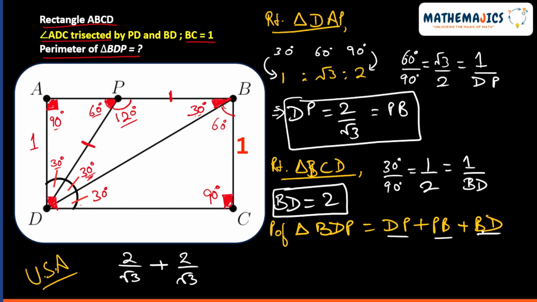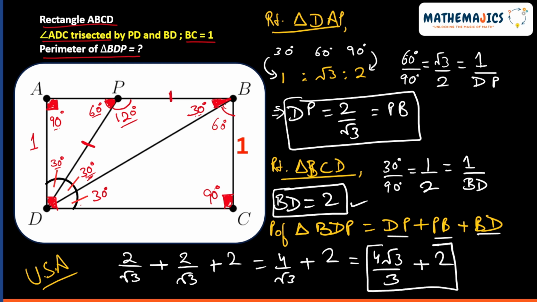And what is the value of BD? BD is 2. So let's add them. You will get 4 by root 3 plus 2. I will rationalize the first term and we will get 4 root 3 upon 3 plus 2. So the perimeter of triangle BDP will turn out to be 4 root 3 upon 3 plus 2. This will be our final answer.